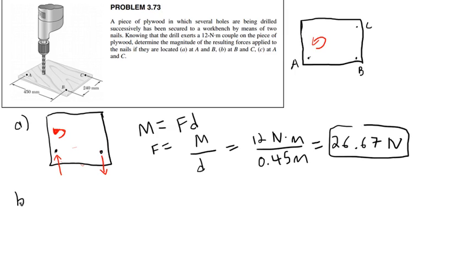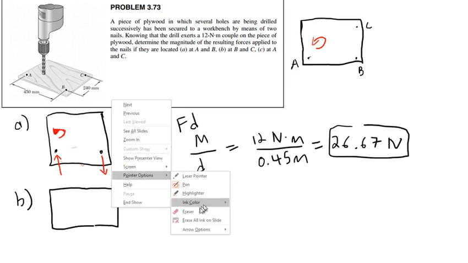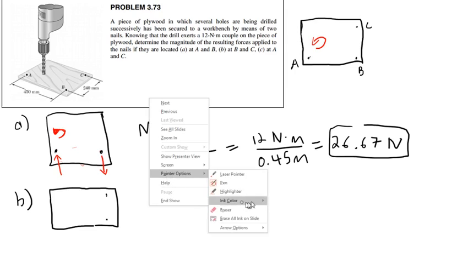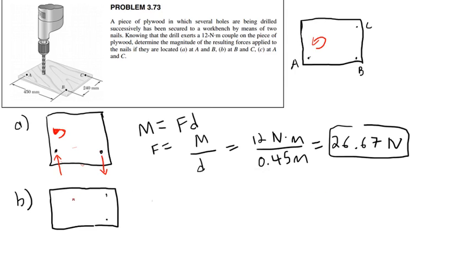For part B, the same idea is going on. Let me draw the forces on here. I'm going to have this point and this point, B and C. I have the same moment, and I'm going to have equal and opposite forces.